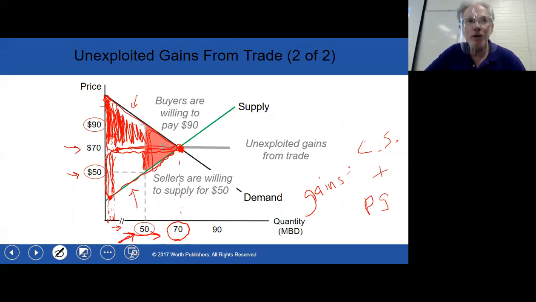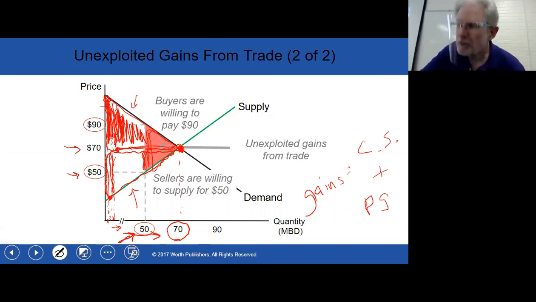What if we didn't produce the last 20 units? If we stopped at 50, it would not be equilibrium, and it would not maximize the gains from trade. That's the point of this graph.